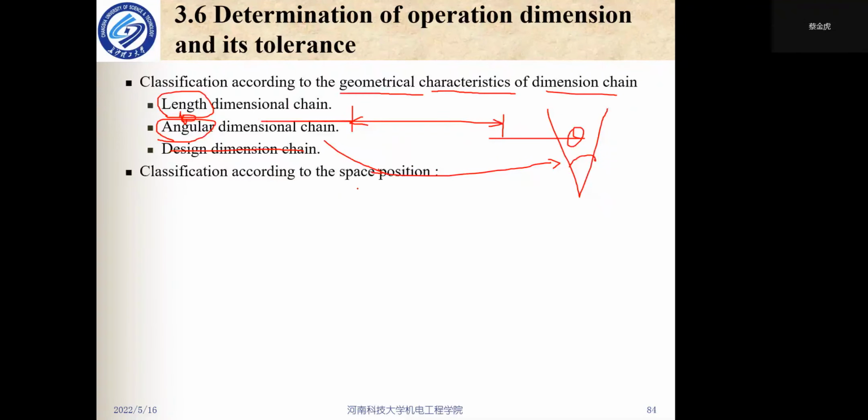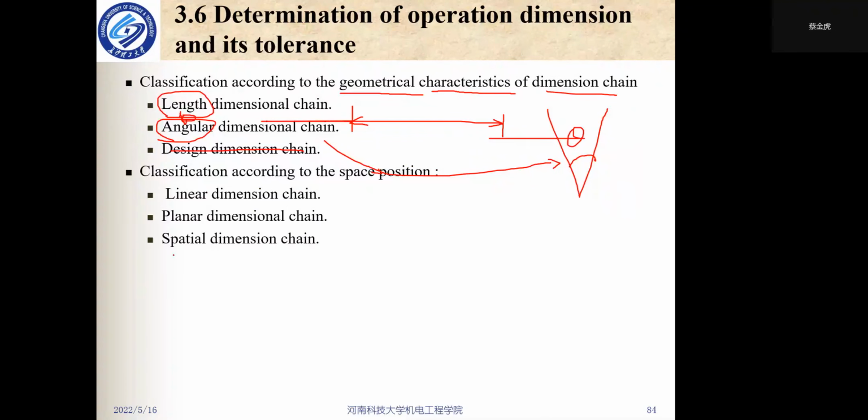So if we classify according to space position, the dimension chain can be classified as linear, planar, and spatial dimension chain. The keywords are linear, planar, spatial. The linear dimension chain is one where all component links are parallel to the closed link.